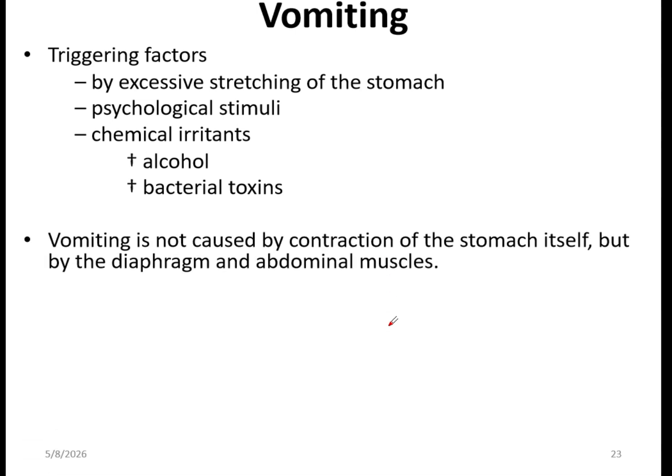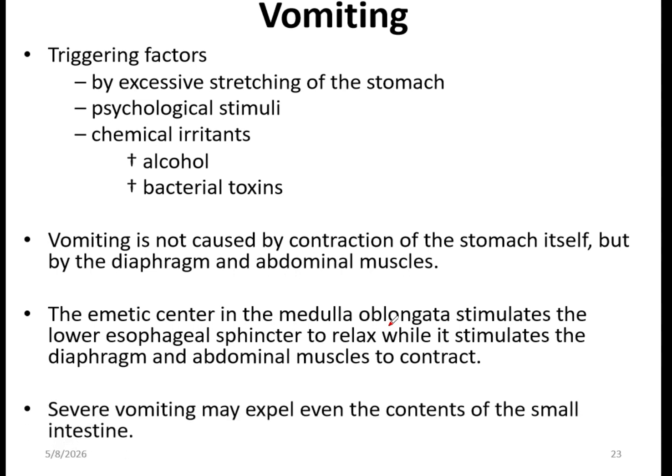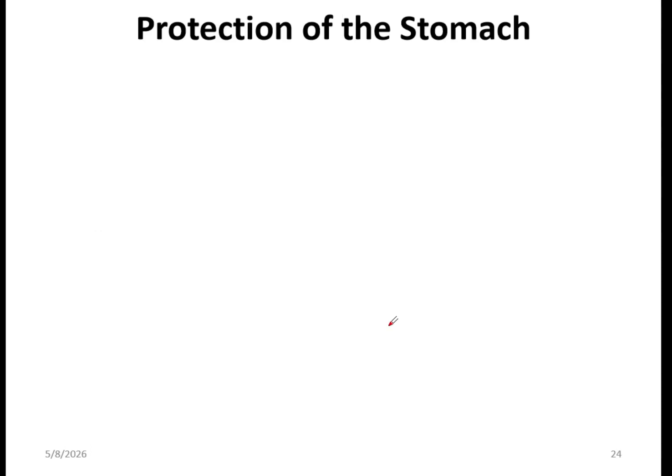Vomiting is not caused by contraction of the stomach itself, but by the diaphragm and abdominal muscles, right. The emetic center of the medulla oblongata stimulates the lower esophageal sphincter to relax, while it stimulates the diaphragm and abdominal muscles to contract. And severe vomiting may expel even the contents of the small intestine, right.